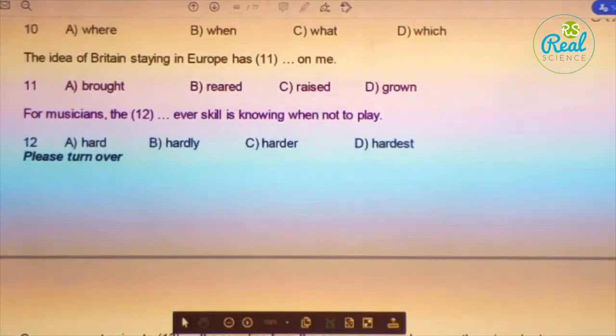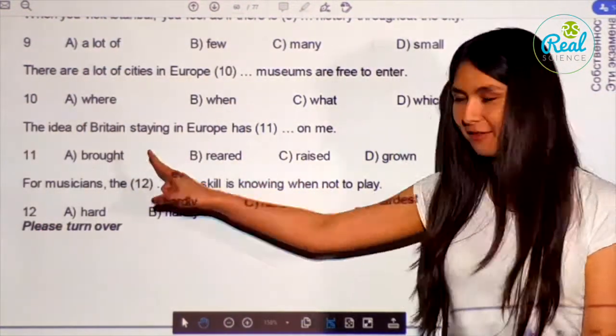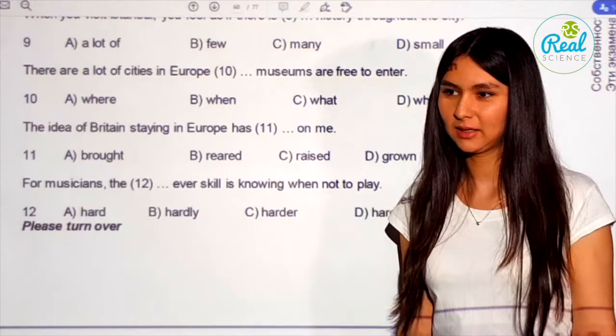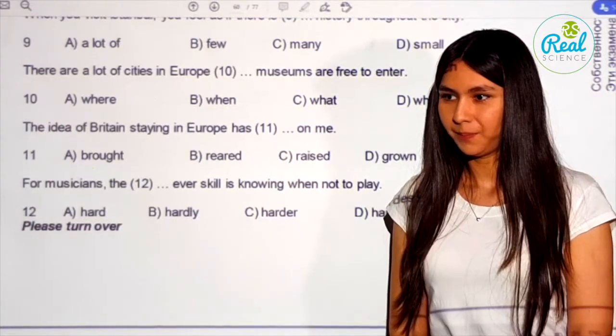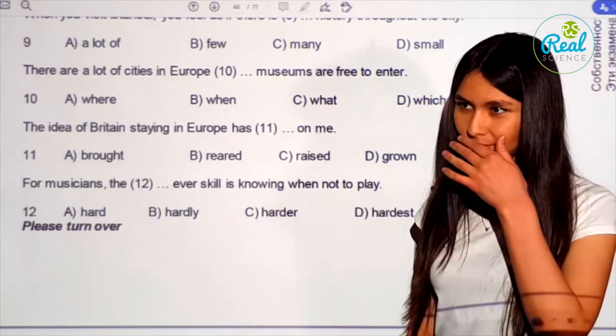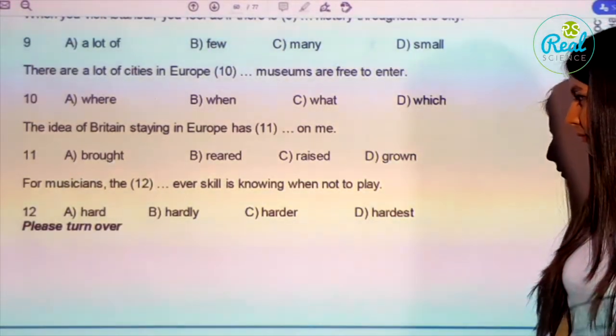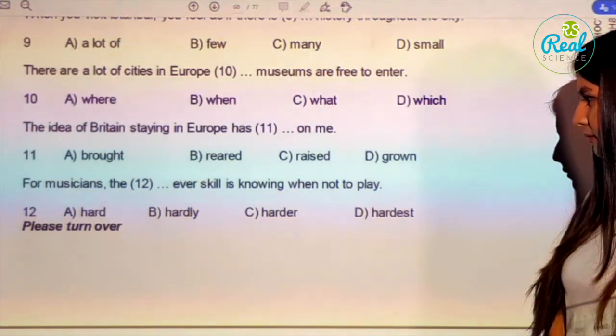Now let's do actually 11th and 12th together. So who wants to read 11th? Any volunteer? Yes, girls, one of you.